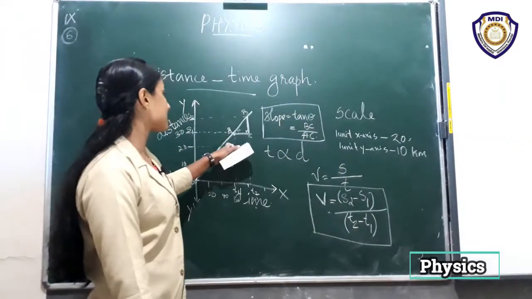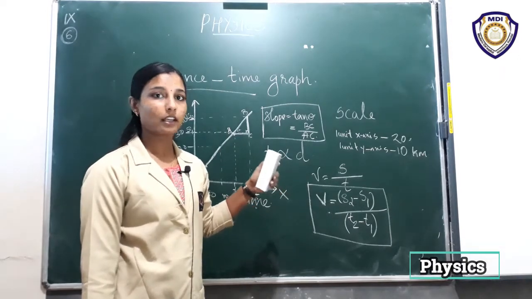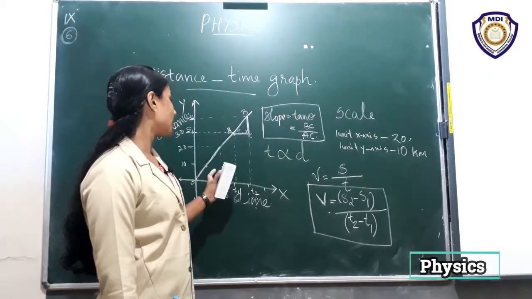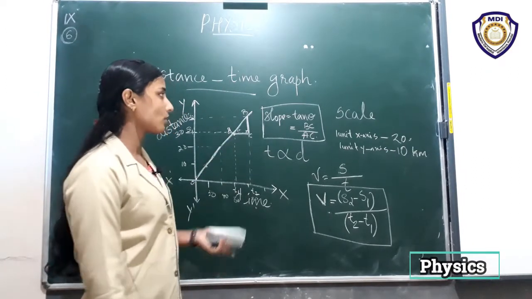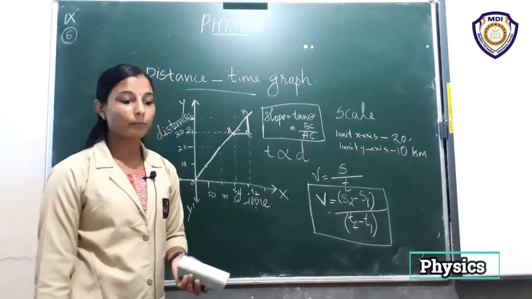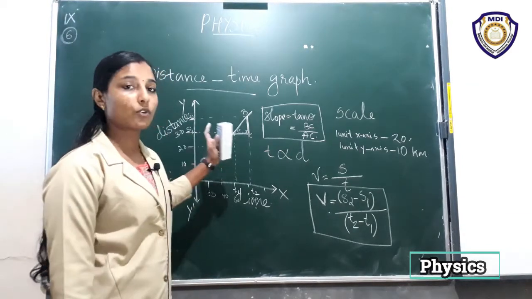This is the distance time graph of uniform motion. The car is moving uniformly here, that means the object travels equal distance in equal intervals of time. So this is the distance time graph of an object moving with uniform speed.